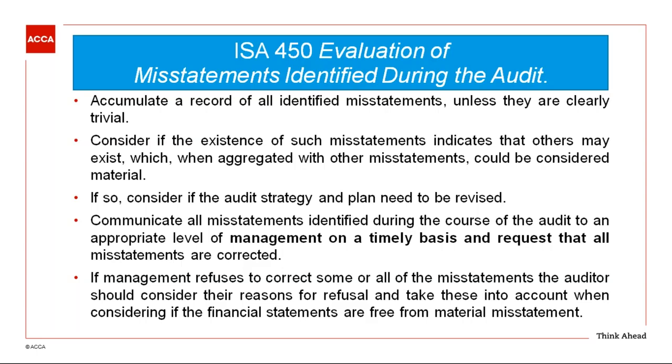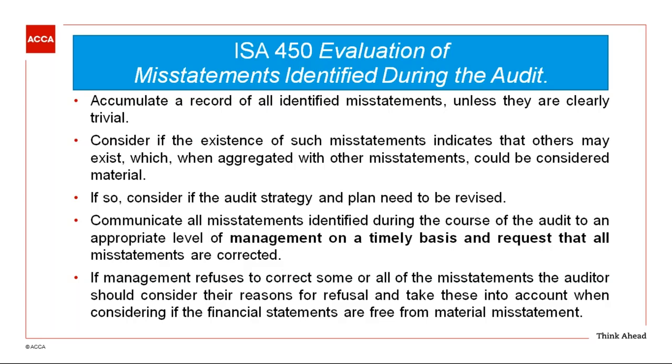Normally students do not read this auditing standard, and they are unaware of the requirements of the auditor. If he has found any material misstatement, he should not just go and modify the audit report. He has to follow some steps, some stages.